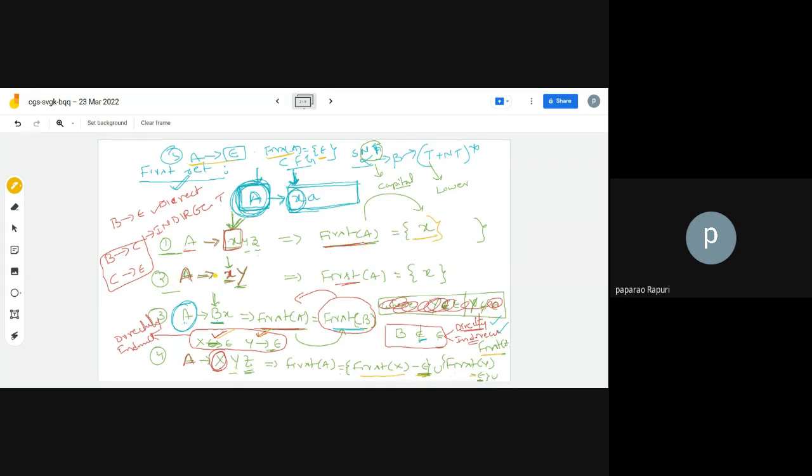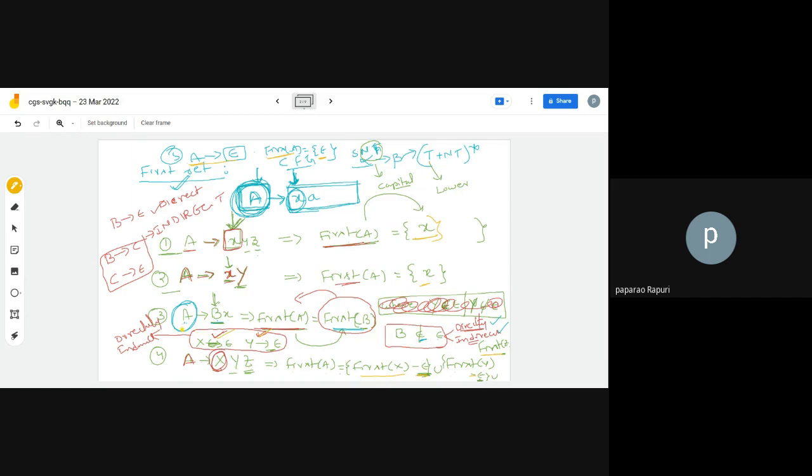Here A derives small x followed by y, so first of A is equal to x here also. And if A derives capital B x, and B does not belong to epsilon, in that case first of A is equal to first of B.